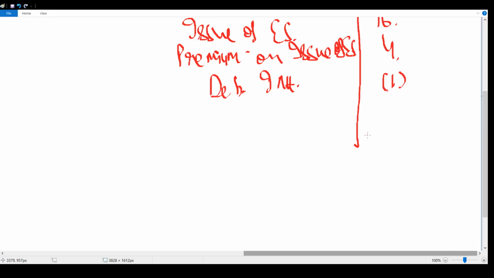Now dividends totaling 11.7 crore including CDT. What is CDT? It is corporate dividend tax. Okay, was paid on equity and preference shares.